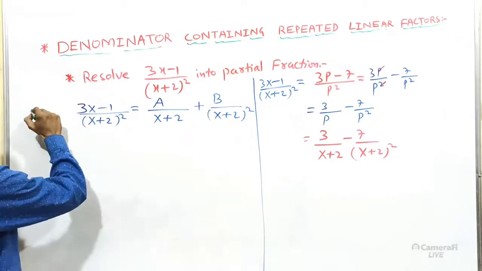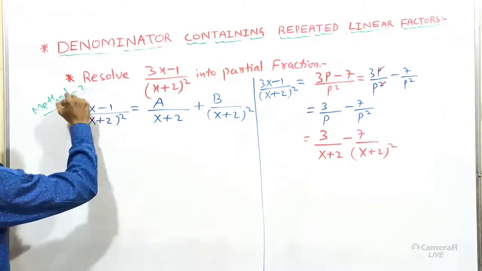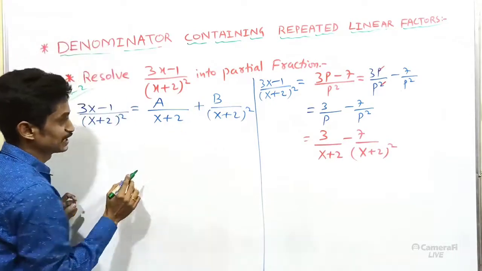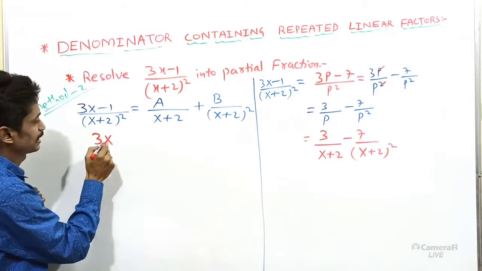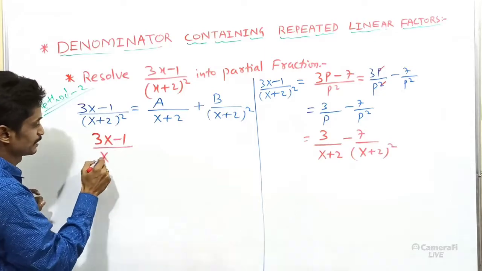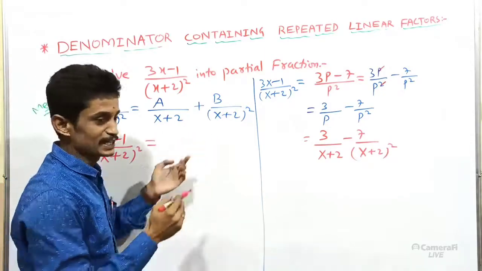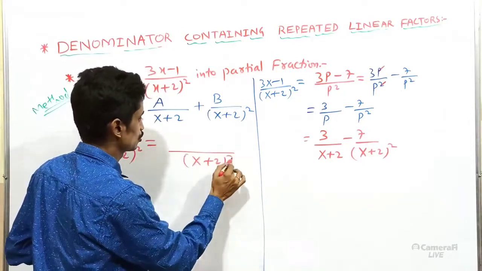Now move to method number 2. What is our method number 2? That will be taking LCM on the RHS side. So (3x minus 1) upon (x plus 2) whole square equal to, taking LCM here, that is (x plus 2) whole square.